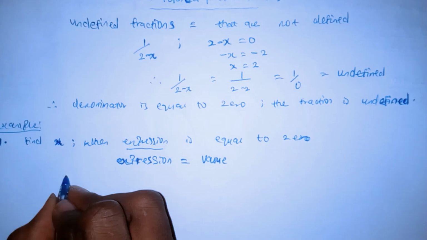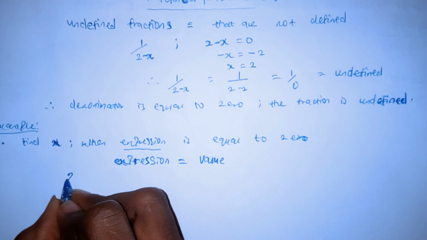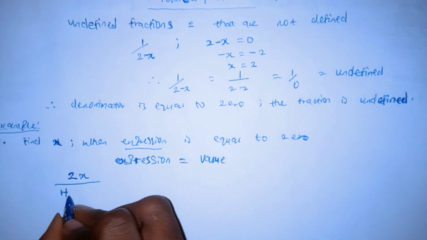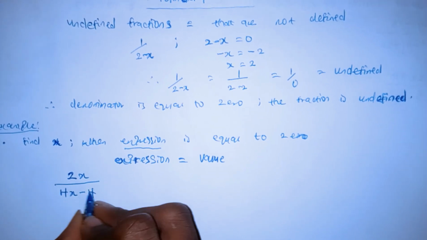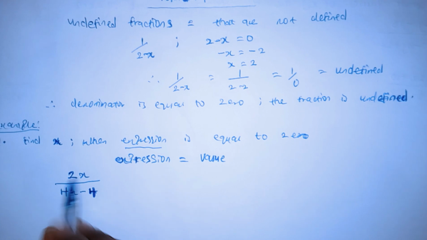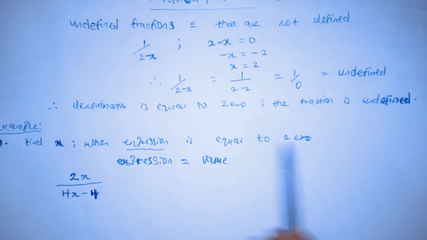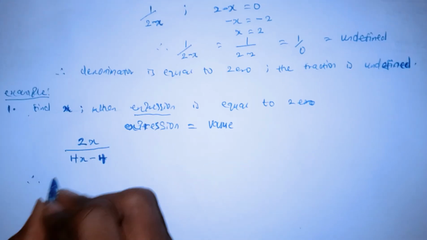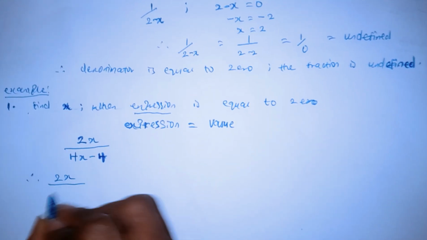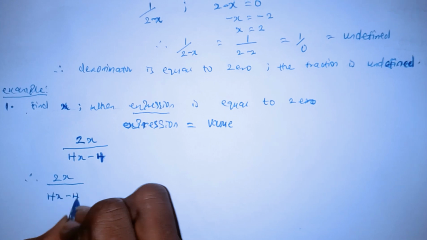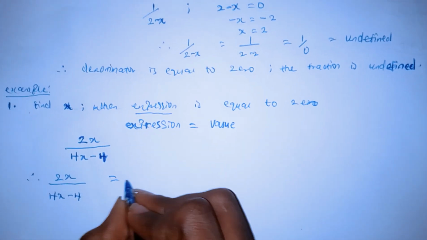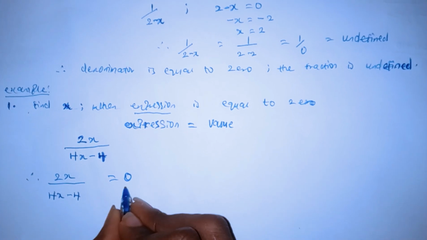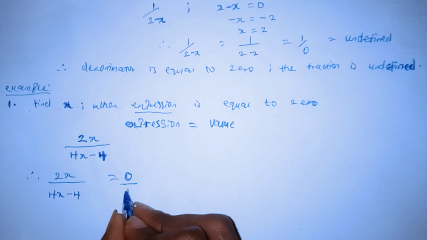For instance, when a question comes in this format, 2x all over 4x minus 4, this question tells you to find x when the expression is equal to 0, which means this expression 2x all over 4x minus 4 is equal to 0. From the knowledge you have, you know that 0 over 1 is equal to 0.